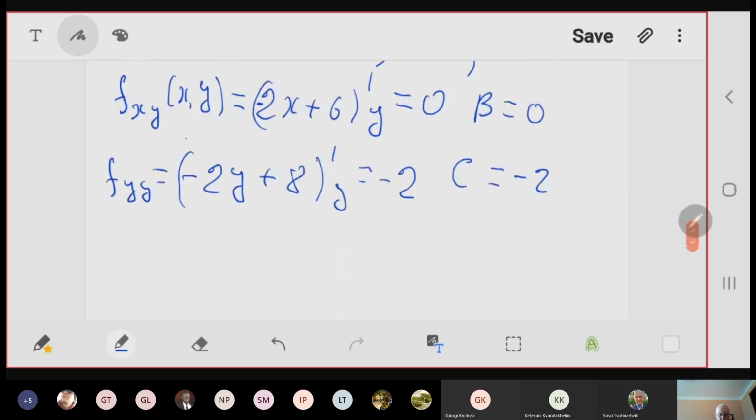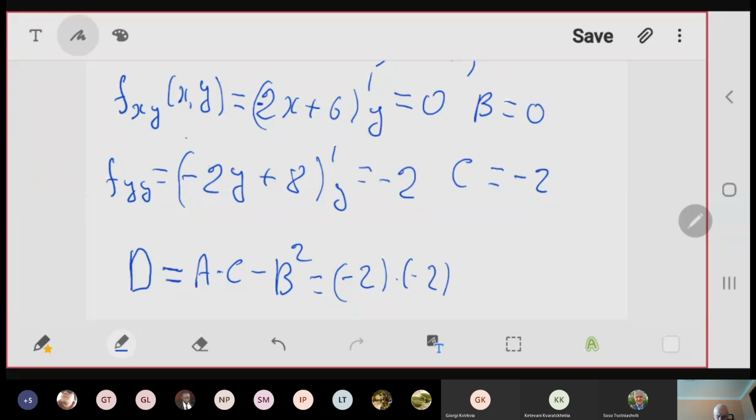Okay. Now let's find the very important number D, and let's rewrite it again. What is D? D is A times C minus B squared. It's minus 2 times minus 2, minus 0 squared.